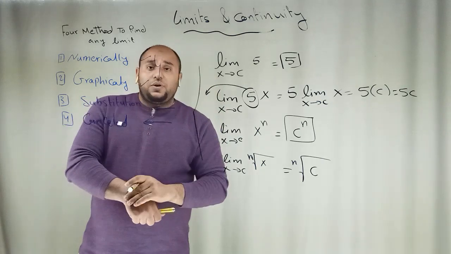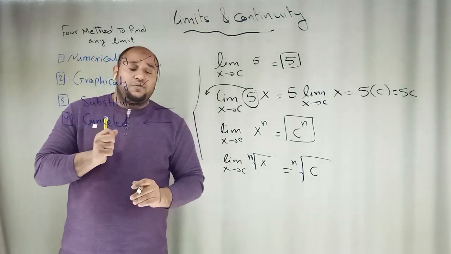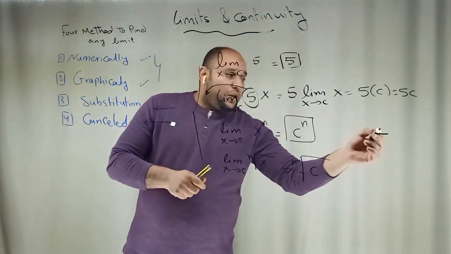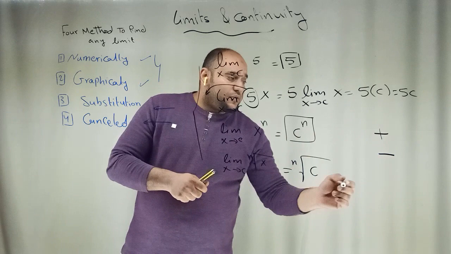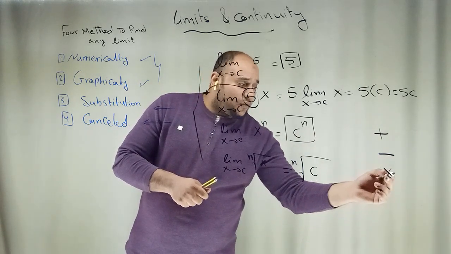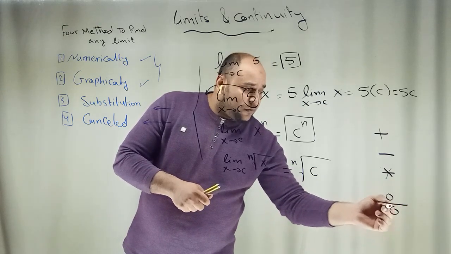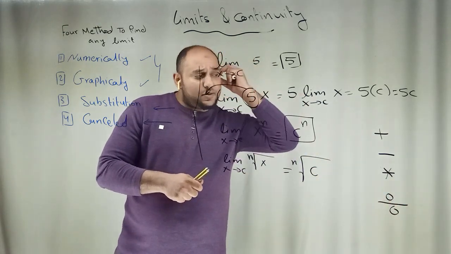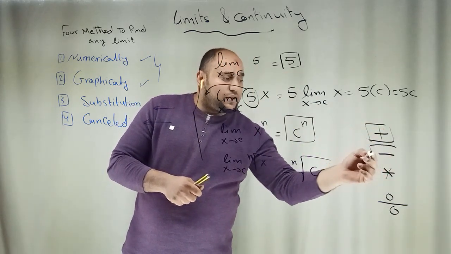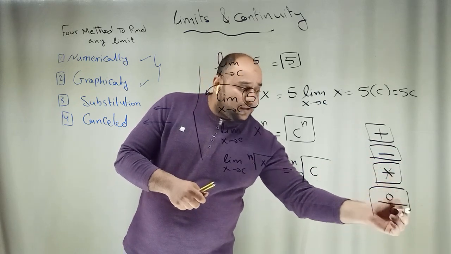Other properties we can take for any case of mathematics. We have four cases: plus, negative, difference, multiplication, and fractions. What will happen with limits of the first, second, third, and last one?